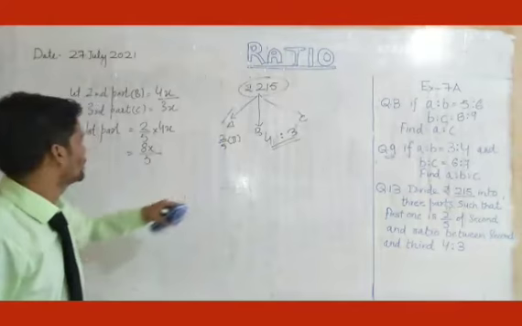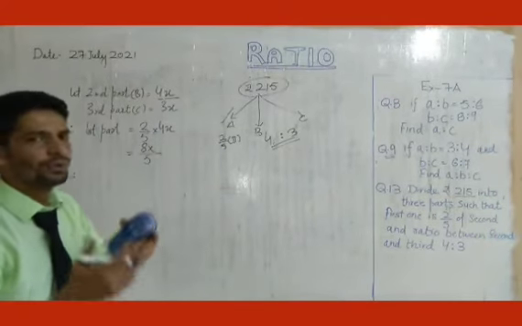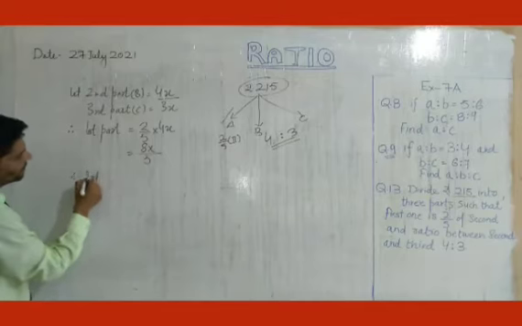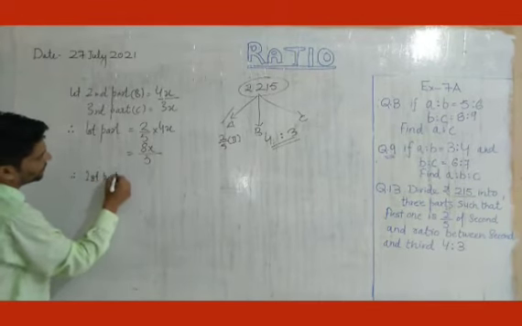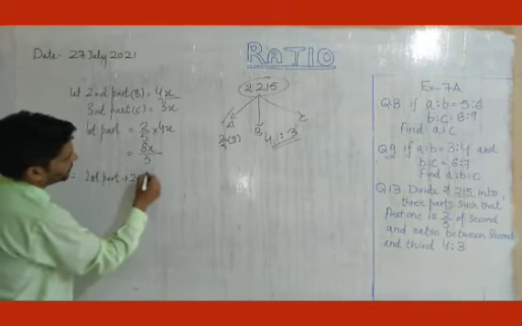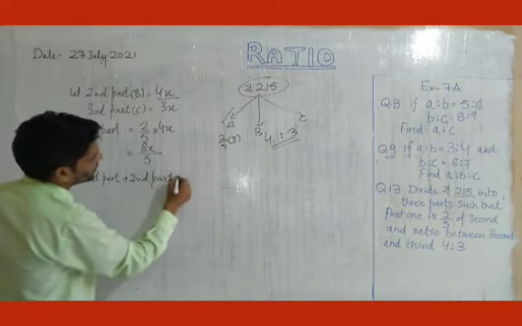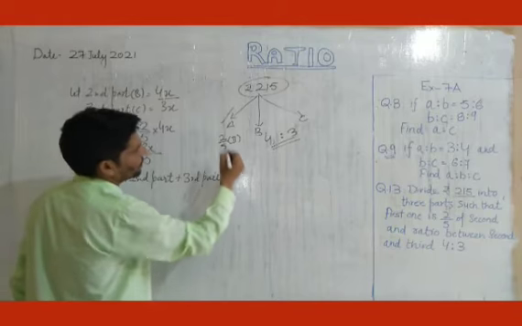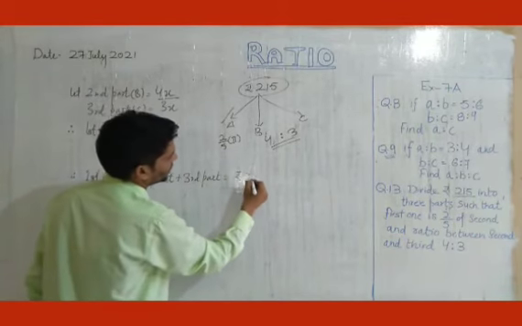We know that we have to divide rupees 215, so the sum of these 3 parts will be 215. First part plus second part plus third part will be the whole money, rupees 215.